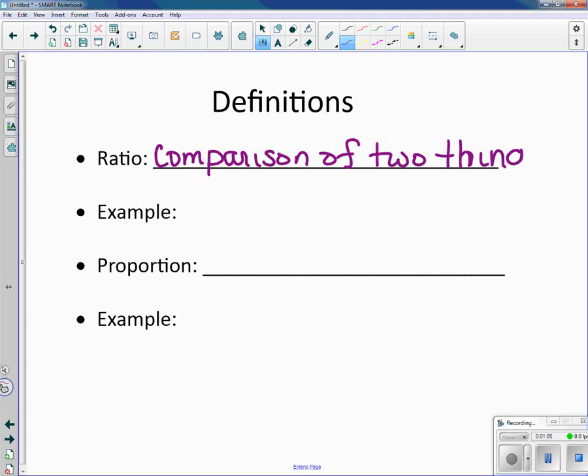So, if I wanted to do the comparison of people with jackets on versus people without jackets on, jackets to no jackets in this class.